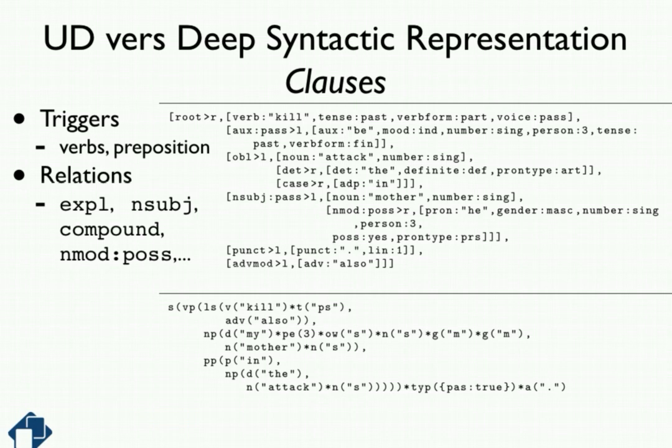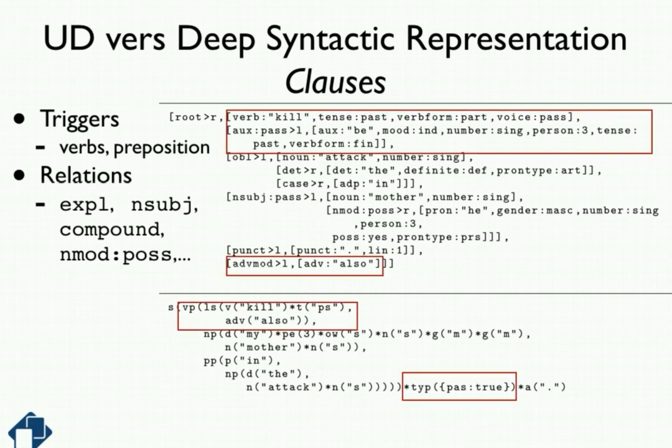So the same system, the same idea applies. That is, we have the verbs that trigger a clause or preposition, and the relations are expletive and subj and so on. So for example, you can look at this. If you have killed, and in another part of the structure you have advmod also, this will generate something like that.